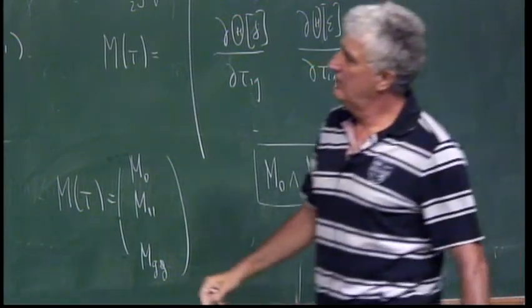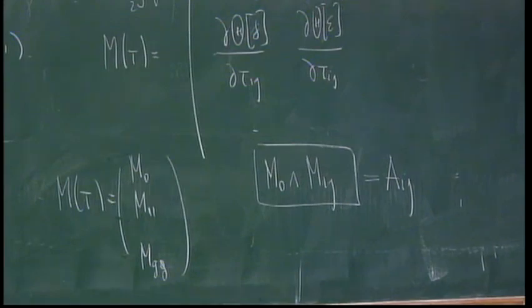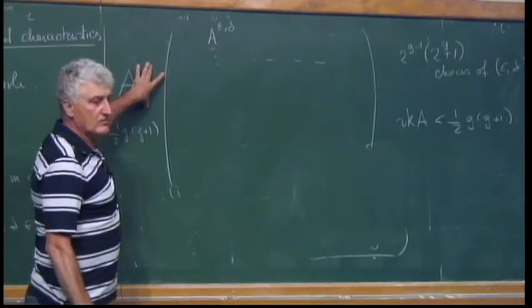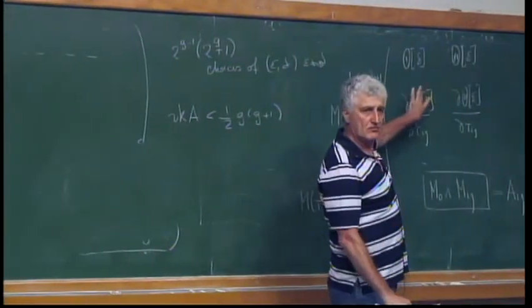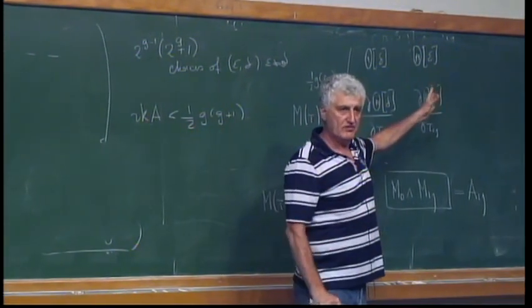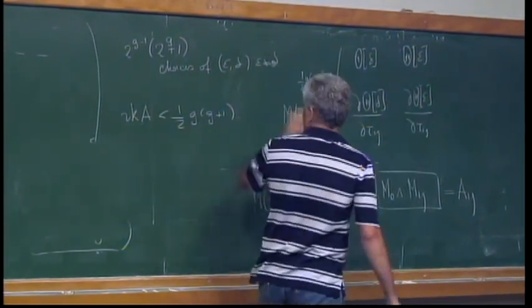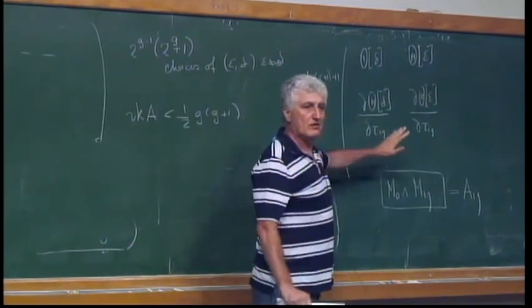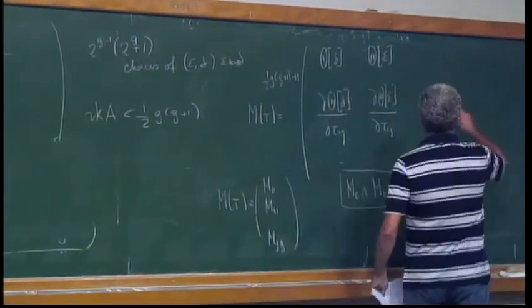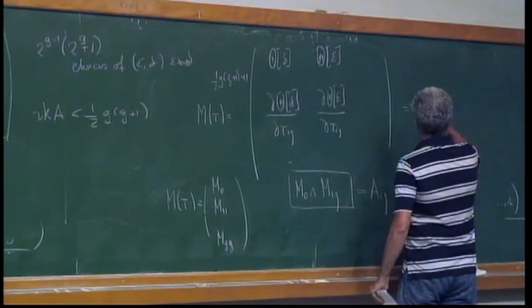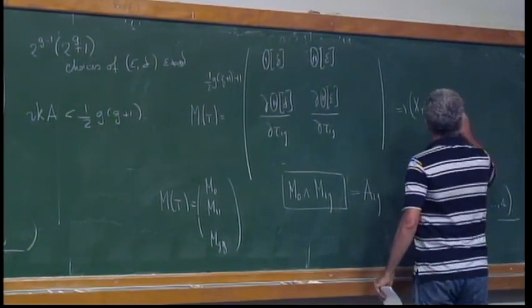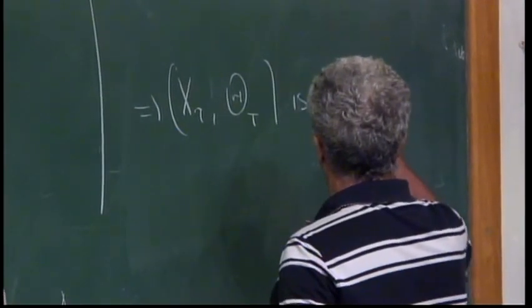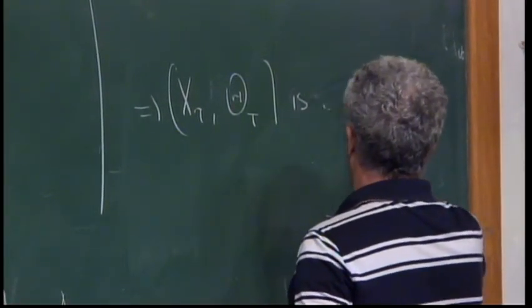And now, the fact that this matrix has not maximal rank is equivalent to the fact that this matrix has not maximal rank. This is really an exercise of linear algebra. So whenever this has no maximal rank, this has no maximal rank, and then x tau, theta tau is reducible, is decomposable.